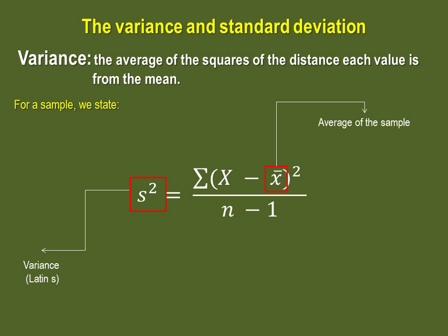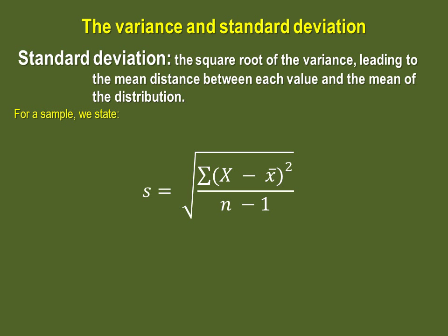The symbol of the mean returns to the symbol for the mean of a sample, and instead of dividing by capital N, we are dividing by lowercase n, to which we subtract 1. We subtract 1 because samples, mainly smaller ones, have a tendency to underestimate the population's variance. So by dividing by a slightly lower number, we greatly reduce this bias.